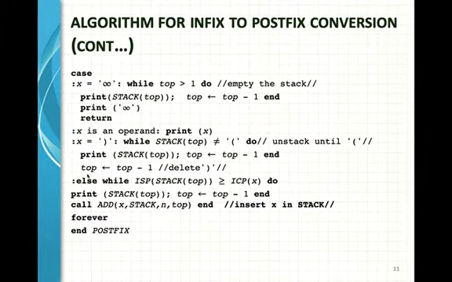Now what are the possibilities? Here are some: case 1, case 2, case 3 and else. So there are 4 possibilities. First of all, it may be infinity, that is we have reached the end of our expression. Then what to do? We will see it later. Or maybe x is an operand. There is nothing to do, just print x.